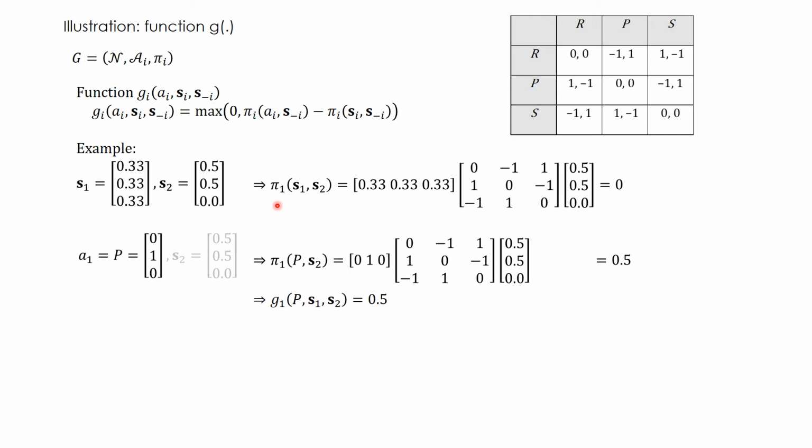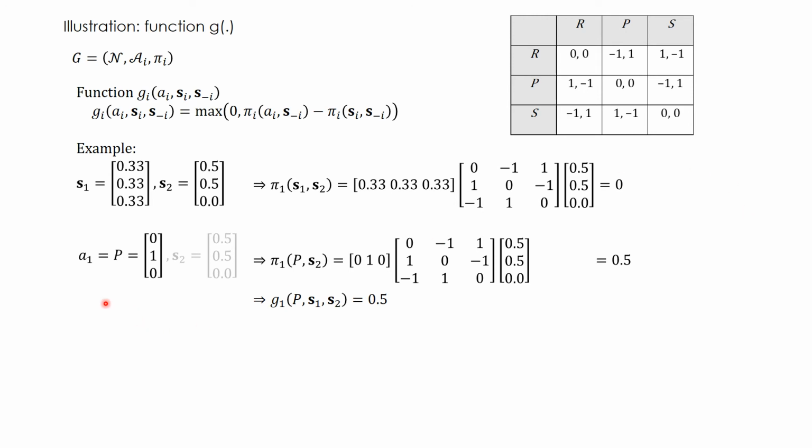The payoff of agent 1 for this mixed strategy of agent 1 and this mixed strategy of agent 2 is this, which is equal to 0. This is the payoff P1, which is taken by taking the first elements of each box here: 0, negative 1, 1, 1, 0, negative 1, and so on. And so this payoff for these joint strategies is 0.